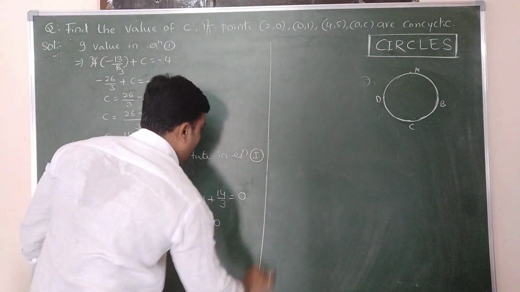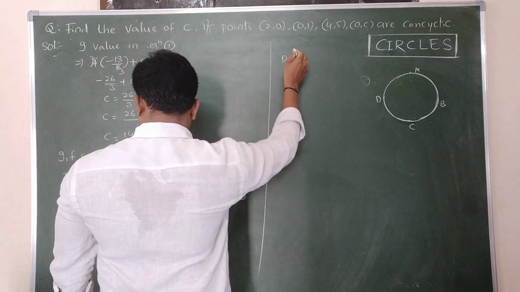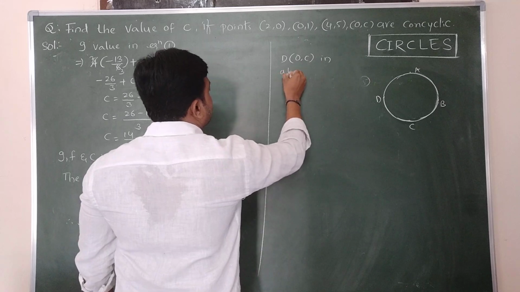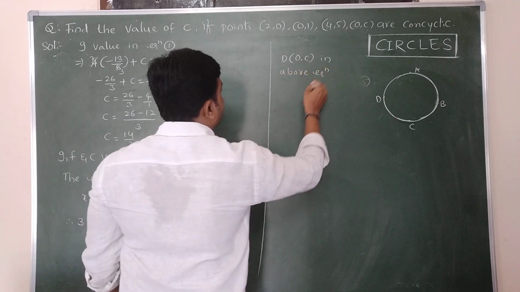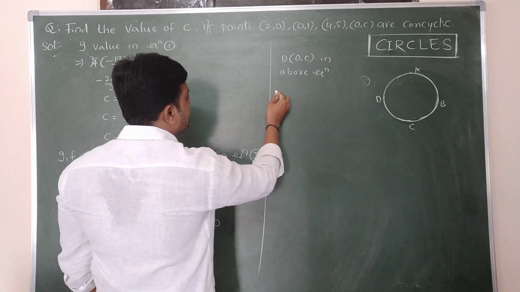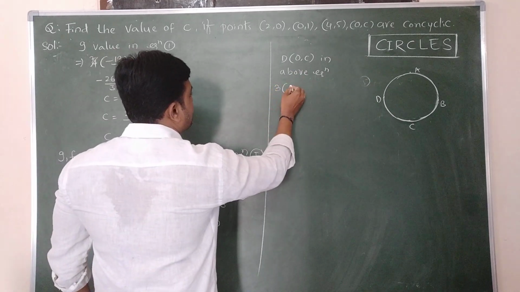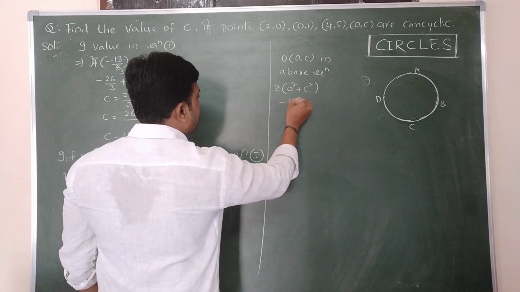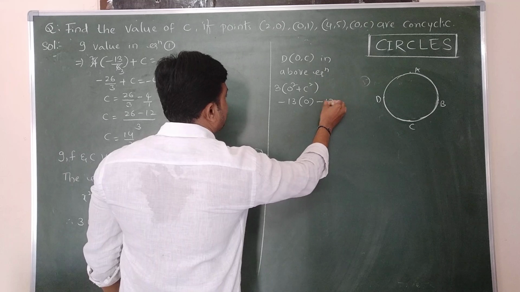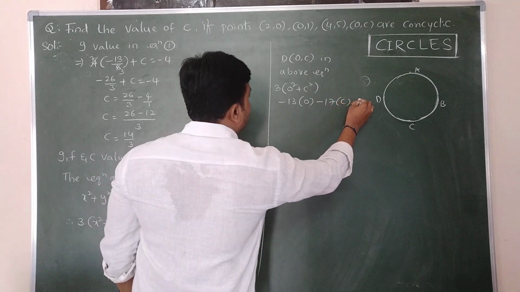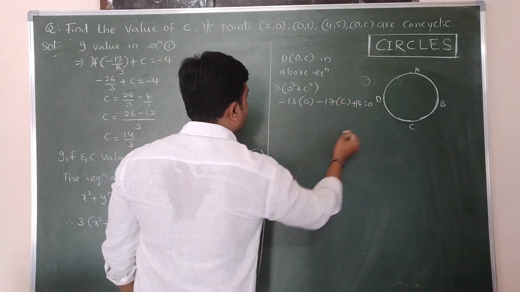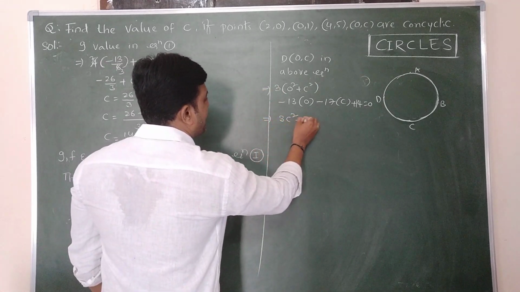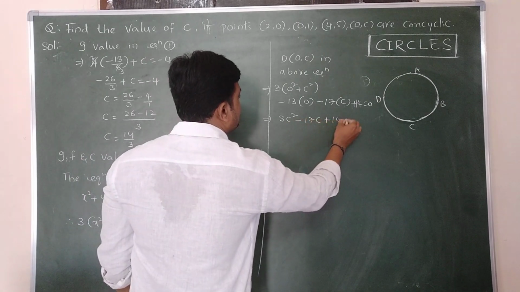Substituting 0 comma c in the above equation, the equation becomes 3 into 0 square plus c square minus 13 into 0 minus 17 into c plus 14 equals to 0. Then 3c square minus 17c plus 14 equals to 0.